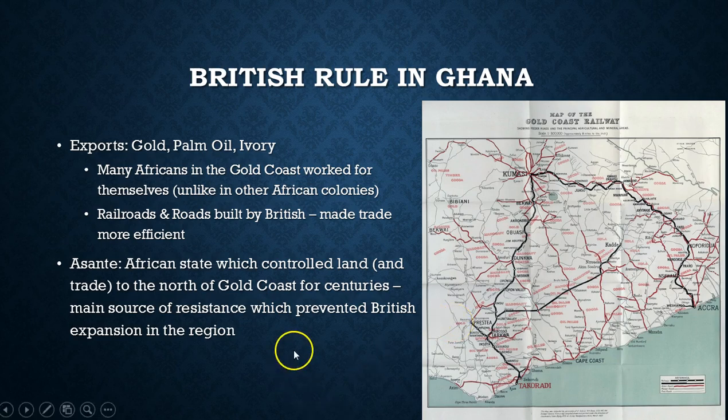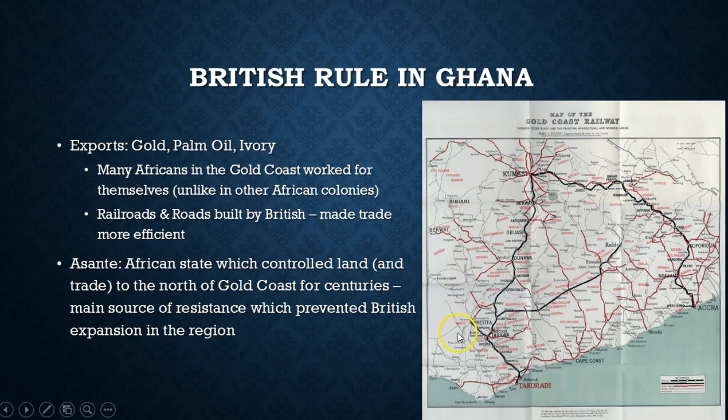The Asante was the African state which controlled the land and the trade to the north of the Gold Coast for centuries. And this was the main source of resistance which prevented British expansion in the region.